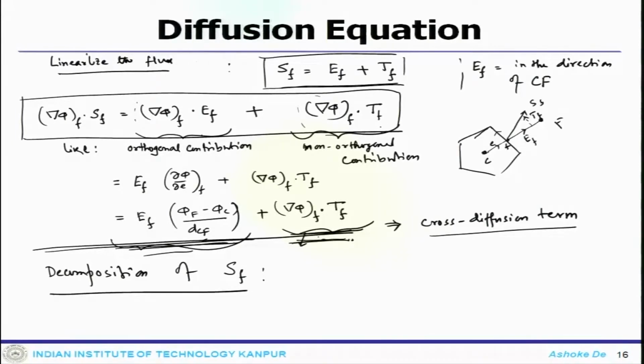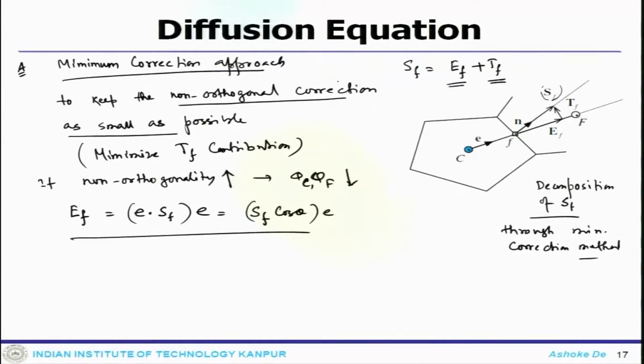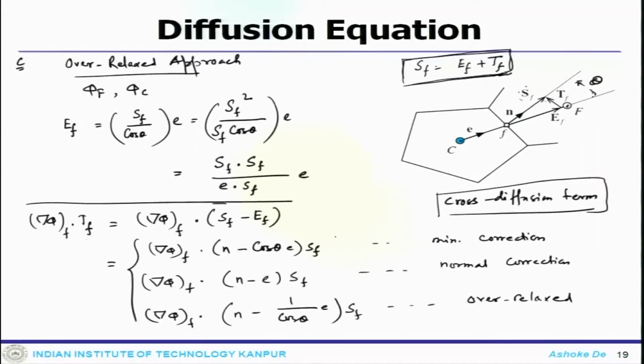Now, this cross diffusion term, instead of calculating directly, we calculate the corrections for EF, and then using that EF we get back the other component.